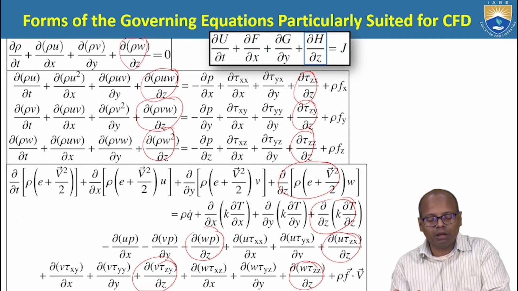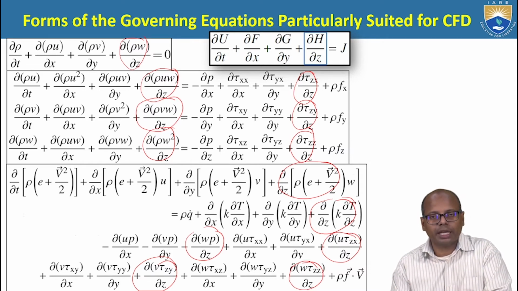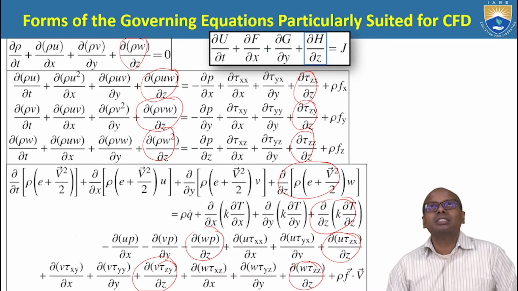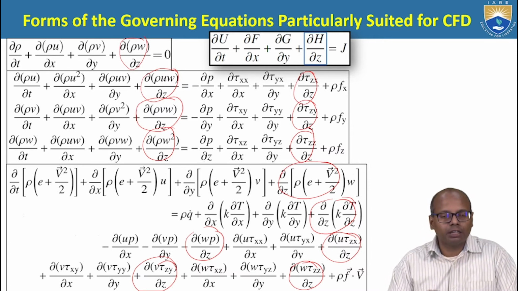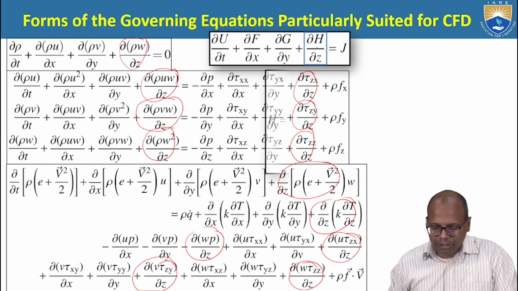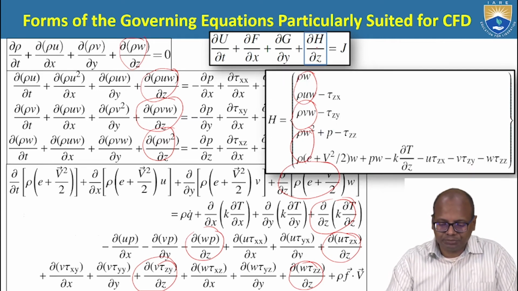So if I bring all the Z terms on the right hand side to the left hand side, and assemble all these things, I can write a column vector in the name of H. So this column vector looks like this. Okay.